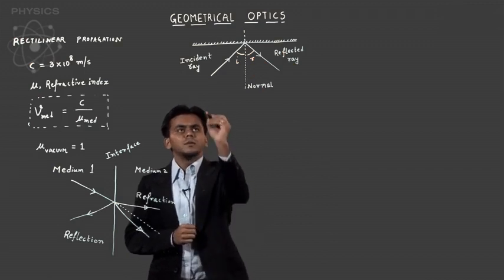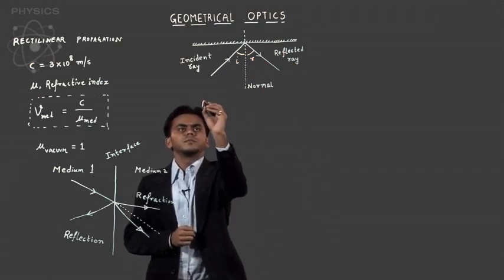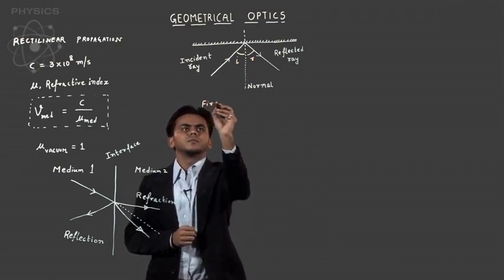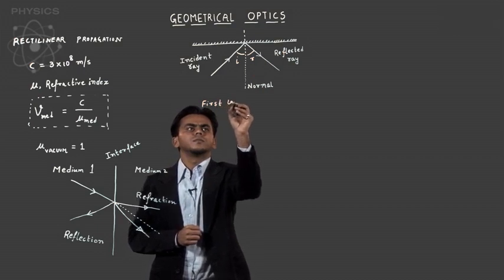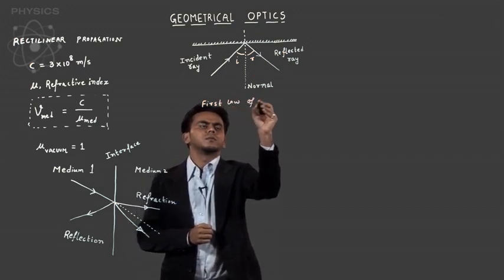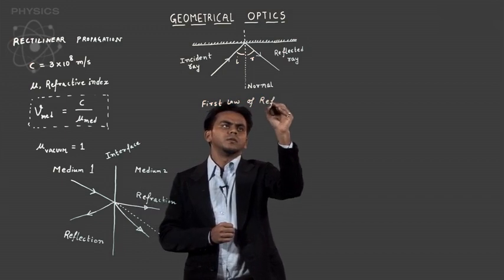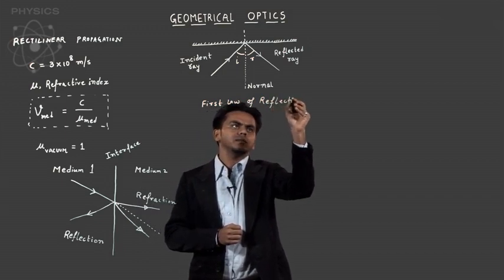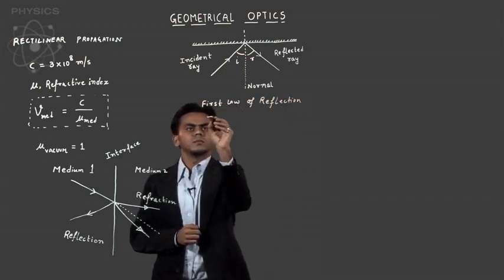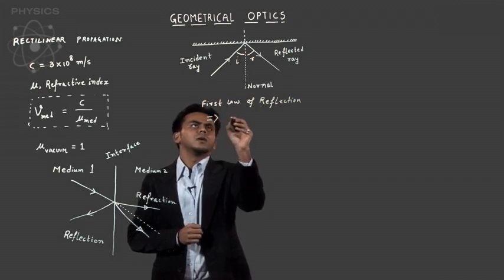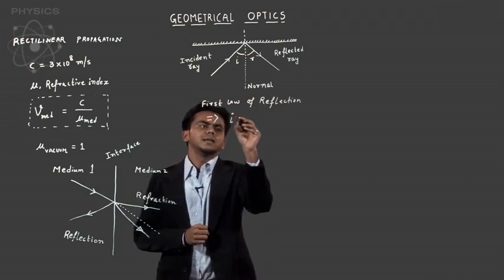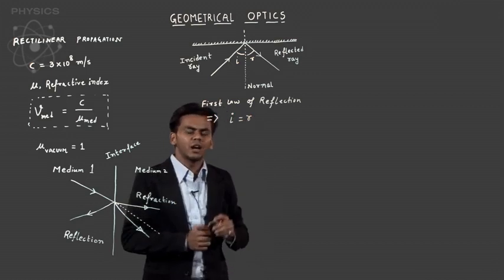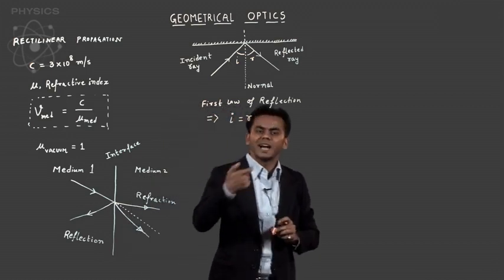So my first law of reflection states that i is equal to r. Angle of incidence is equal to angle of reflection.